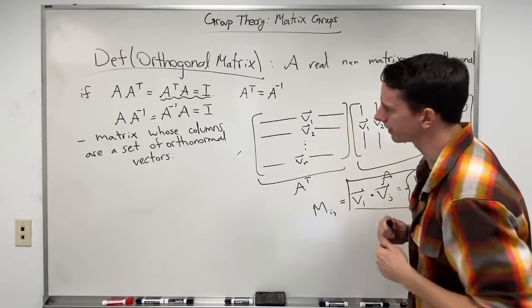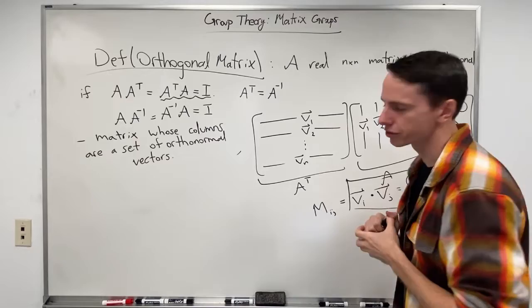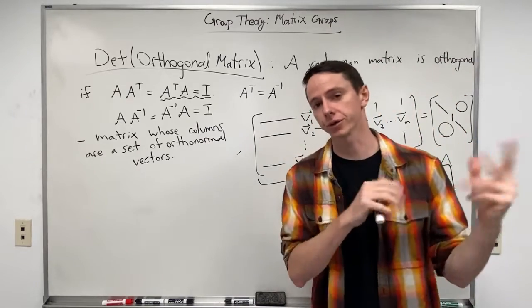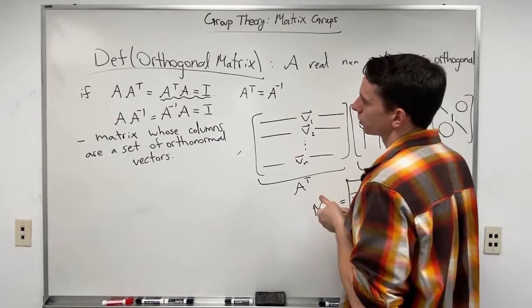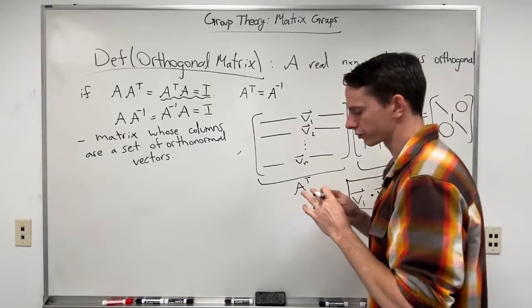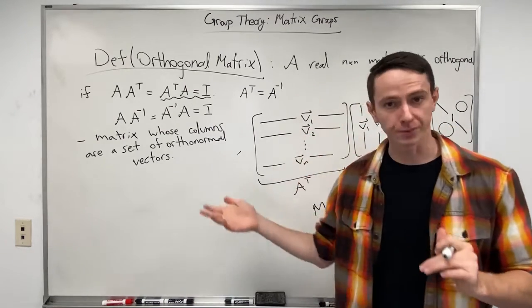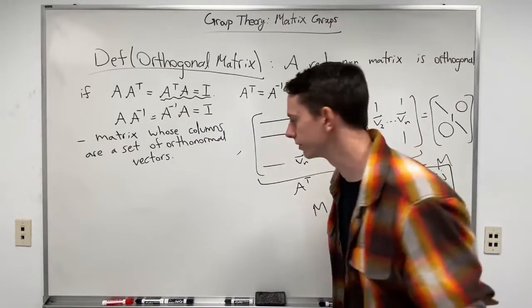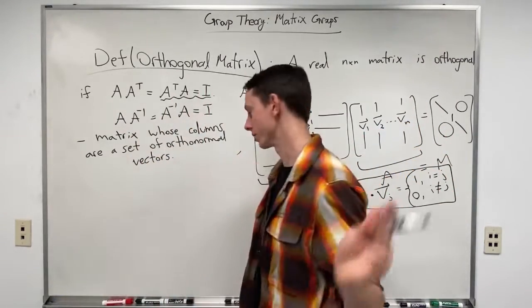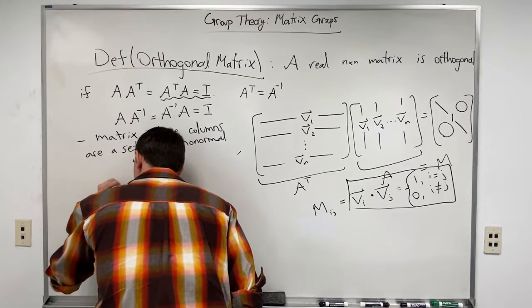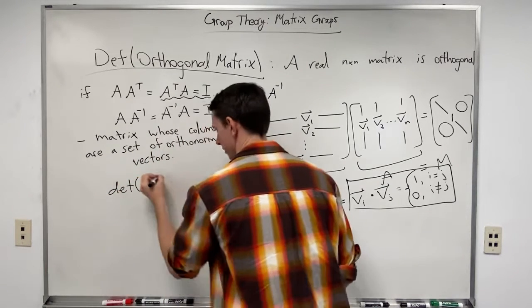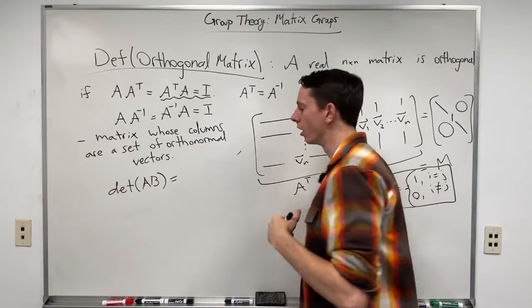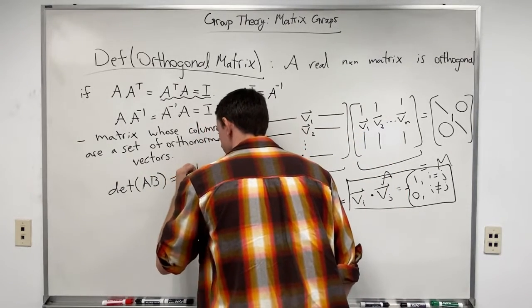Right. Now, one more thing that I want to mention about orthogonal matrices before we move on to showing that these things actually form a group is that hopefully we're familiar with the properties of determinants, which we should be from some earlier video, which is that the determinant of a product of matrices A times B is the same as the product of the individual determinants by themselves.